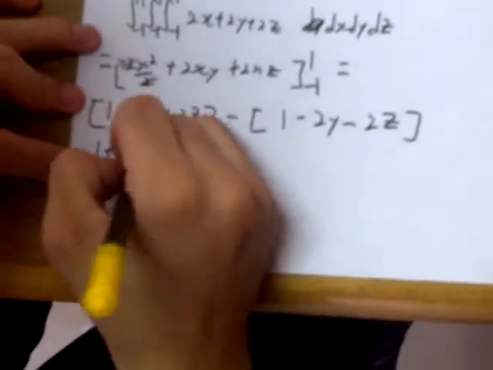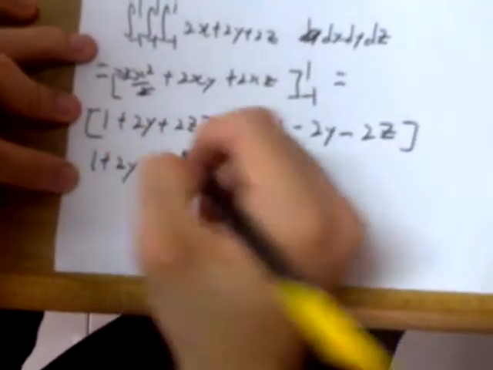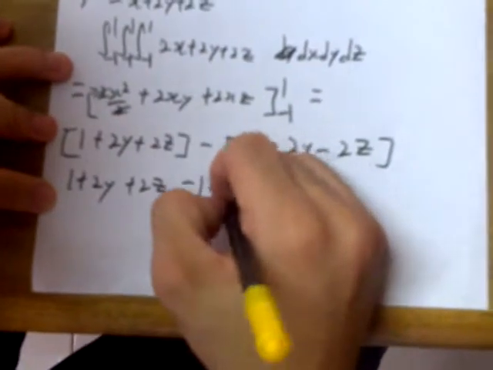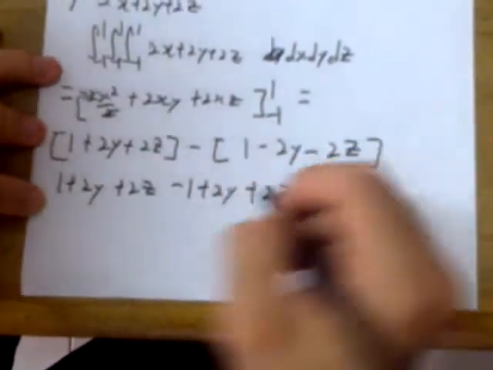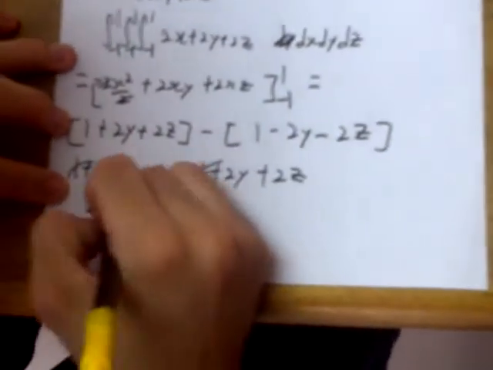So 1 plus 2y plus 2z minus 1 plus 2y plus 2z. So 1 cancel, so it becomes 4y plus 4z.